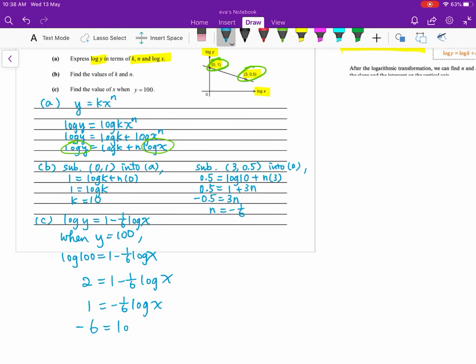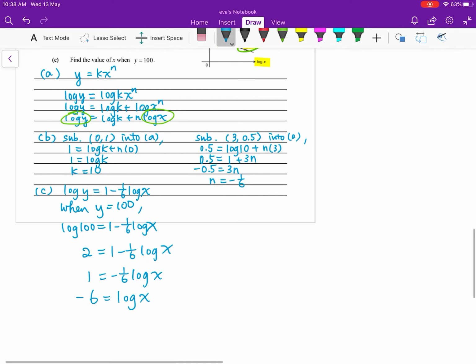Next, negative 6 equal to log x. So the final step, take the 10th power. So x equal to 10 to the power of negative 6, which equals 0.000001. We will have 6 zeros before the 1.